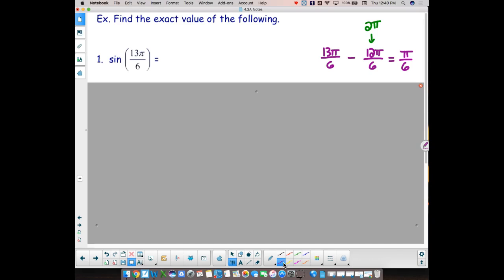So the sine of 13 pi over 6 is the same as the sine of pi over 6, and now that is on my unit circle. Sine is the y part of the point at an angle of pi over 6, and in this case the sine at pi over 6 is 1/2. Agree?